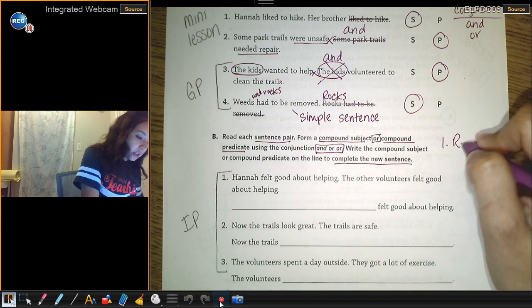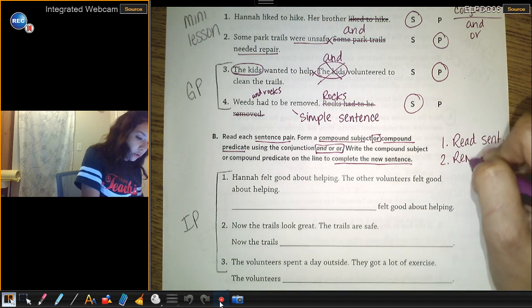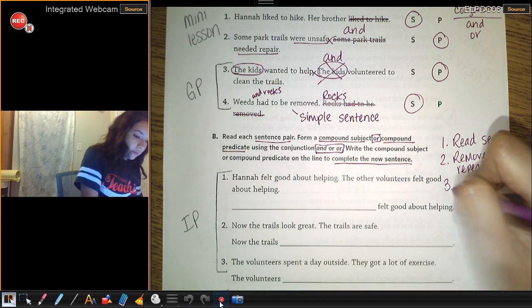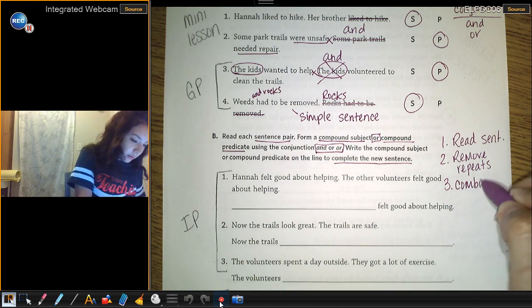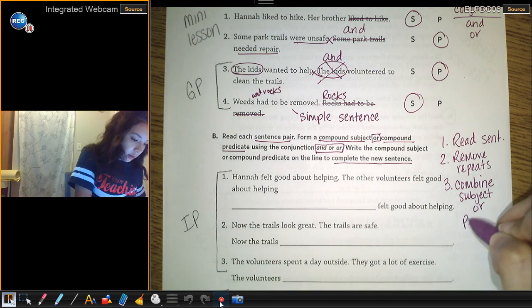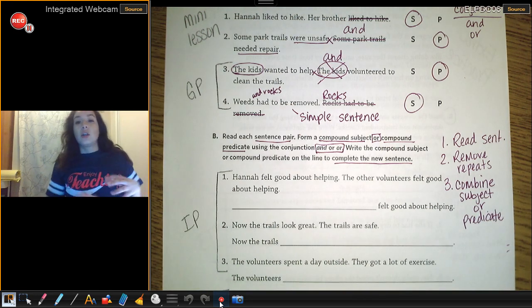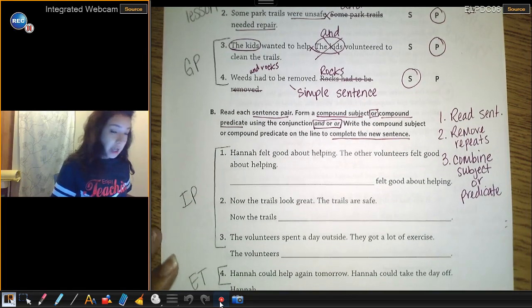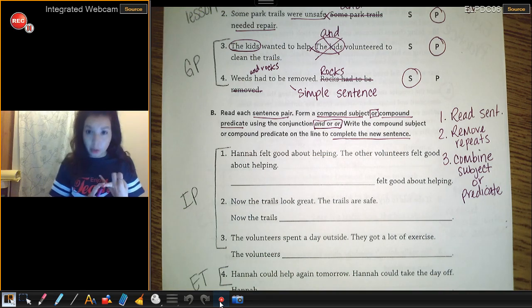So we're going to read the sentence. Two, remove repeats. Three, you're going to combine either the subject or the predicate. It all depends on what you're removing, right? So, as you're reading through these sentences, you are looking at combining either subjects or predicates, not both, okay?